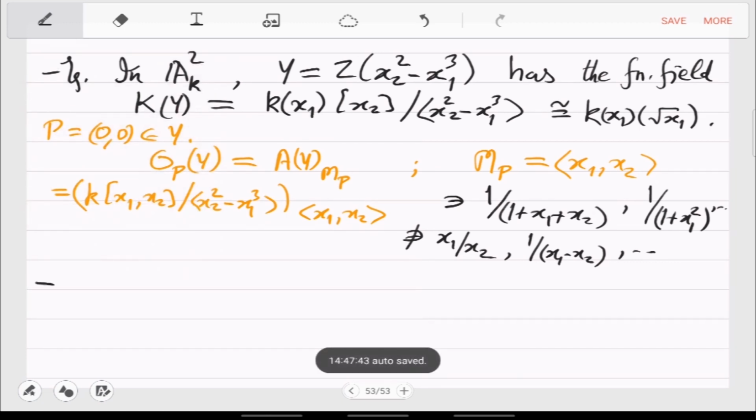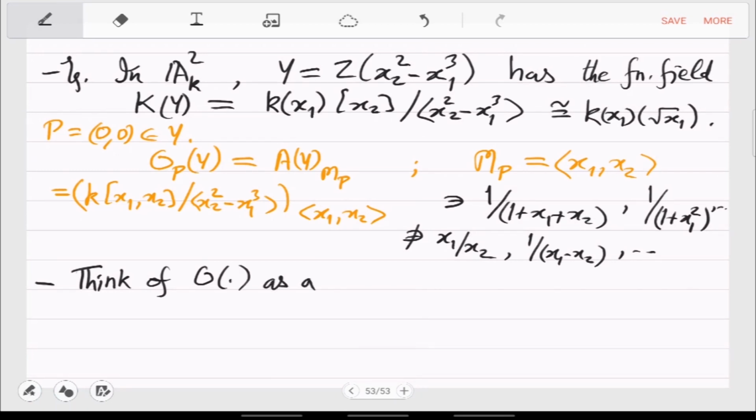So what we will do now is we'll think of this O as a functor which is taking you from geometry to algebra, right? You are going from the affine n-space to the function field.